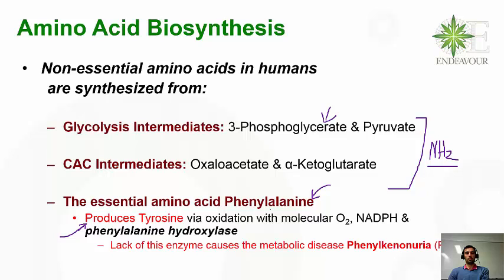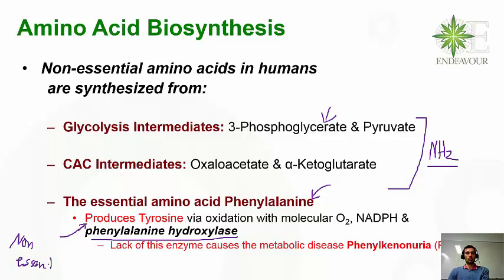So the phenylalanine is essential, and once we have the phenylalanine, we can use that to make the tyrosine using a specific enzyme called phenylalanine hydroxylase. So that actually means the tyrosine itself is non-essential.